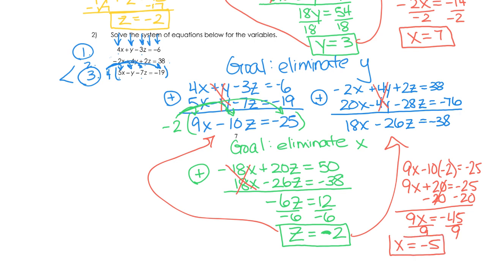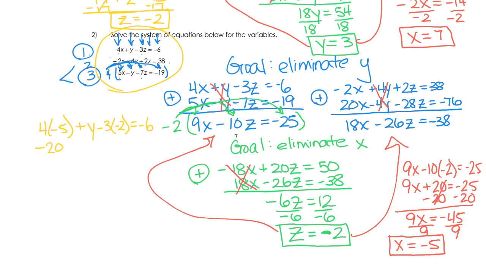Box that up, and now that we have two variables, we can go back to one of the original three equations. It does not matter which one you use. I'm going to use the first one. And so that's going to say 4 times negative 5 goes in, plus y, minus 3 times z, which is negative 2, equal to our negative 6.